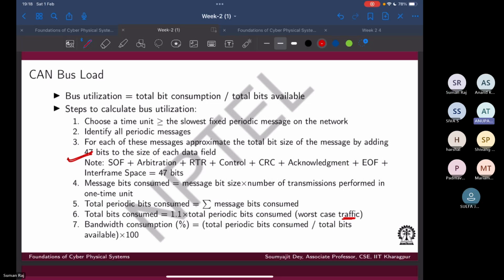In aviation, we take 1.5 as a safety factor. Yeah, that's what I'm saying. So this is not a safety factor. It's more about these are the message bits that are being consumed per period, like in one cycle, right? So when you are trying to take out the total bits consumed, you just multiply it by this, and you consider this part that it is the worst case traffic. If anybody else has some other explanation, they could go ahead.